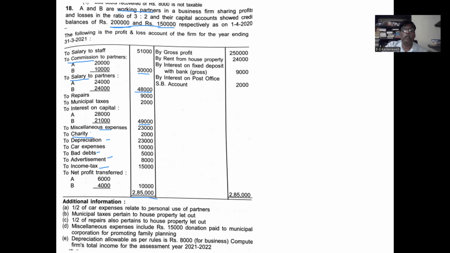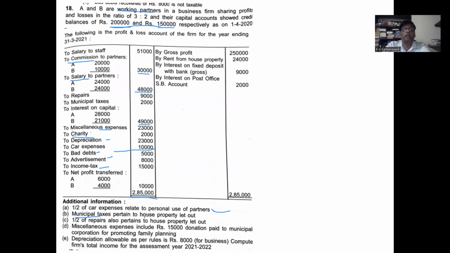Half of the car expense related to partner's personal use. So half of the car expense is 10,000. Out of this 10,000, half is not related. So half means 5,000. 5,000 is not related. So 5,000 is disallowed. First adjustment.